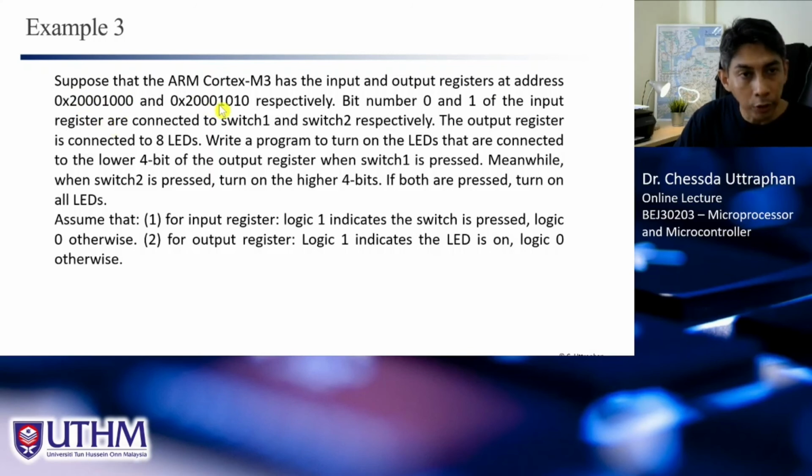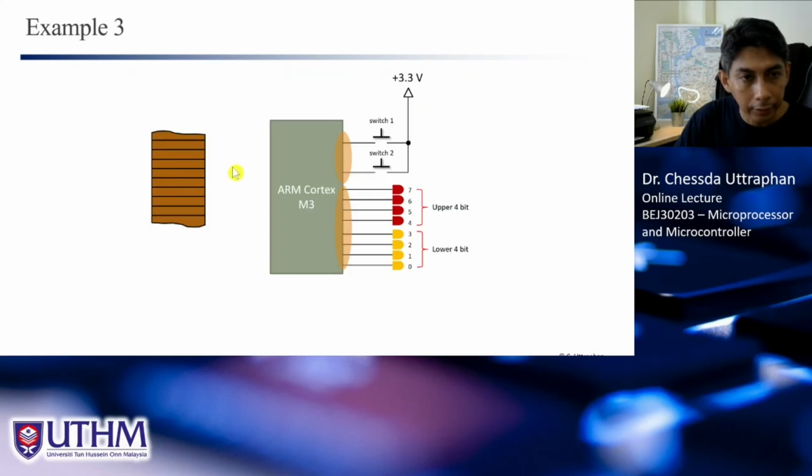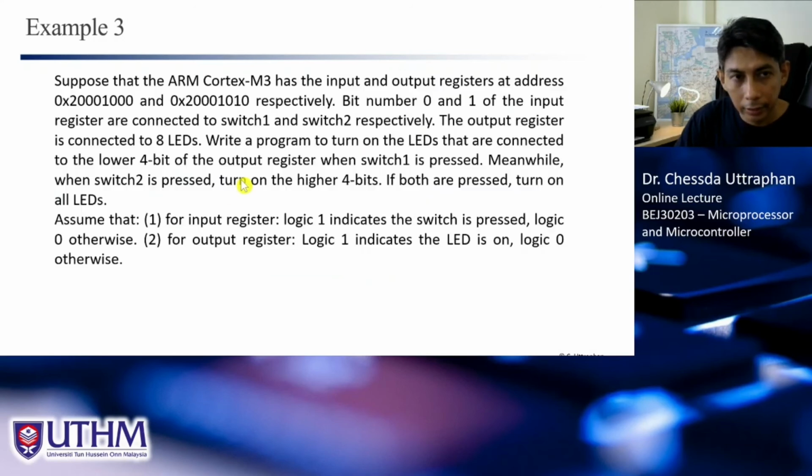So what are input and output registers? In a microprocessor, the input or output is actually mapped to a location in the memory. It's part of the memory actually. Okay. So in this example, the input register is this, and the output register is this.